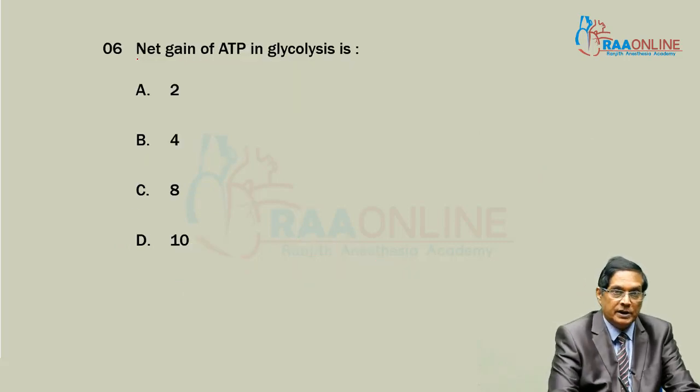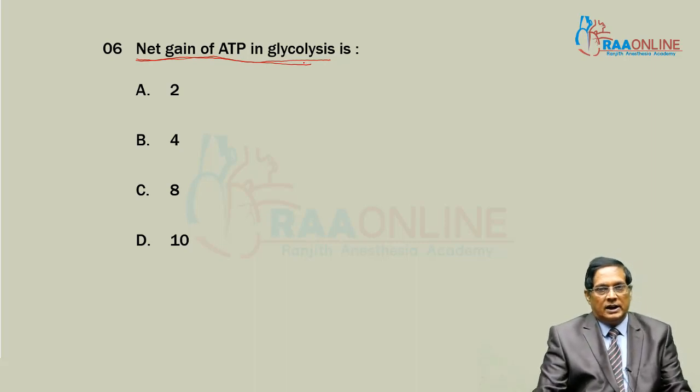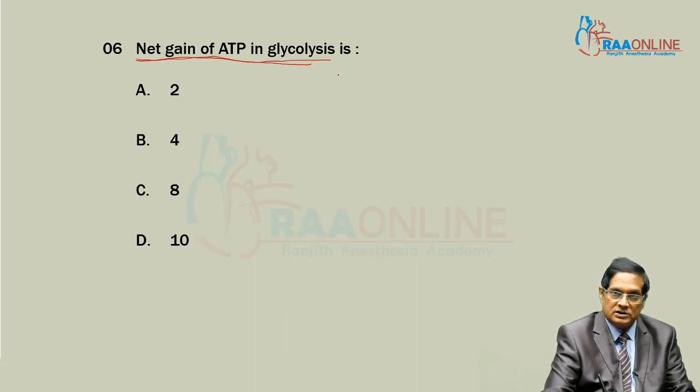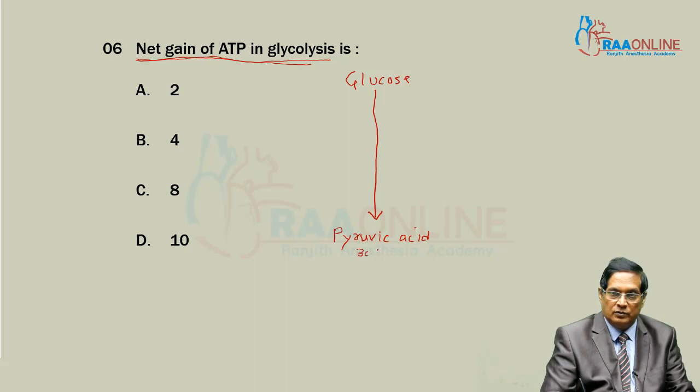Net gain of ATP in glycolysis. Glycolysis I have already mentioned; condition doesn't matter. By the process of glycolysis, glucose is oxidized into pyruvic acid, a 3 carbon compound, 2 molecules.